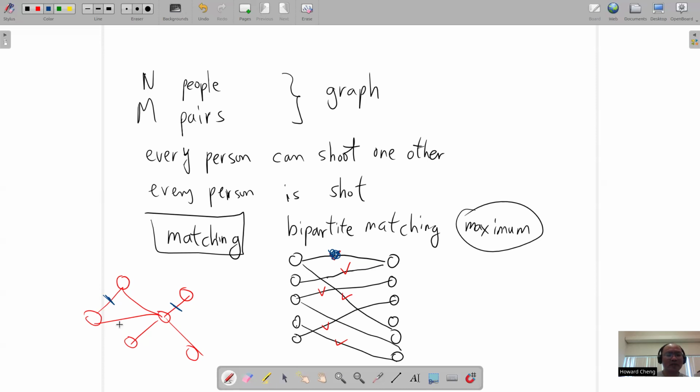But if you have another edge here, then all of a sudden you can choose these 3 edges, and now you basically pair everybody up and no vertex would touch more than one edge. So general matching, when you don't have your nodes separated into left and right, is actually much harder.